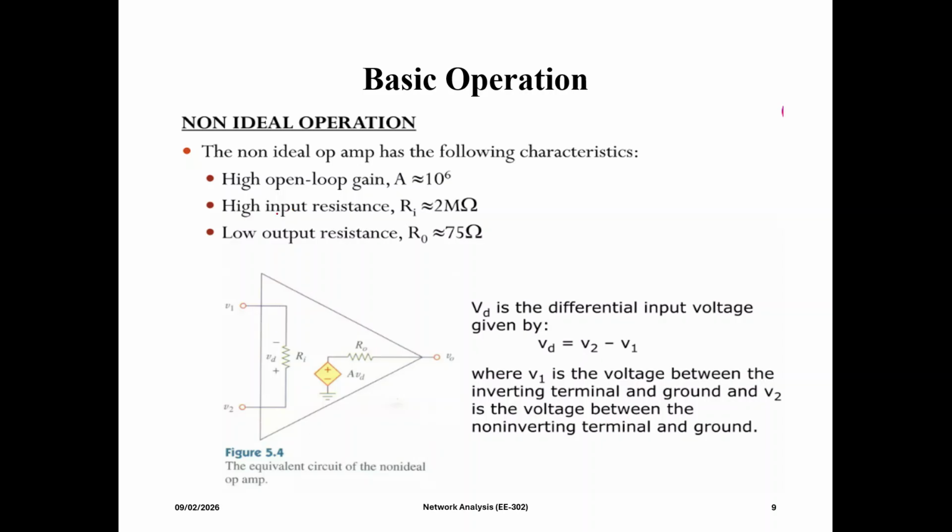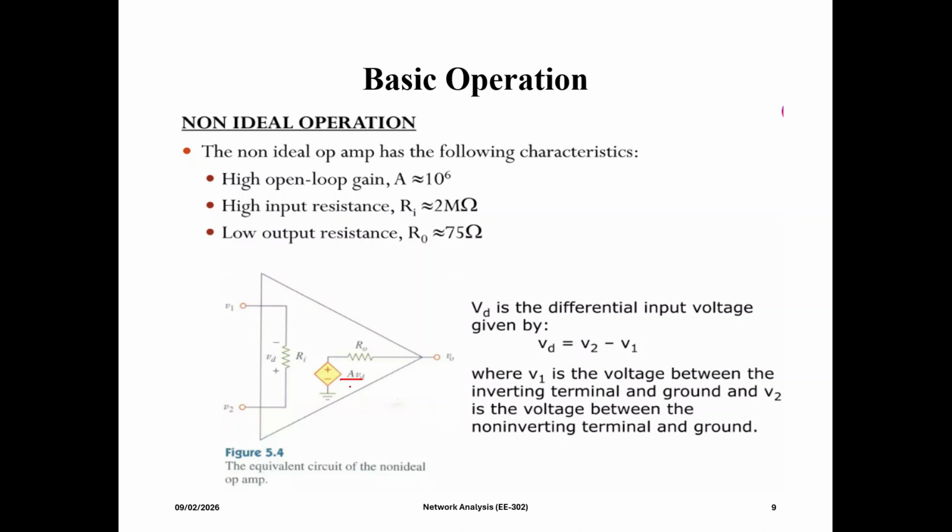Okay, the open loop gain here, the equivalent circuit of a non-ideal operational amplifier is shown, where open loop gain is denoted as A, the voltage gain of the operational amplifier when there is no feedback connected.